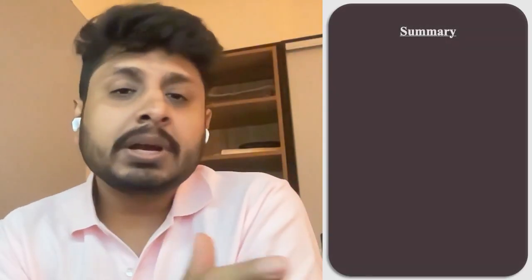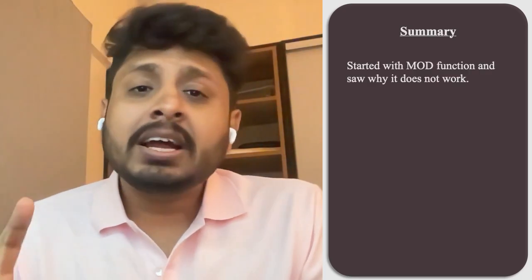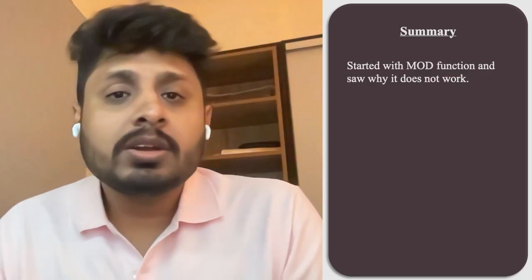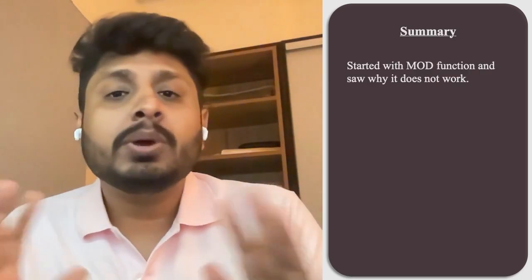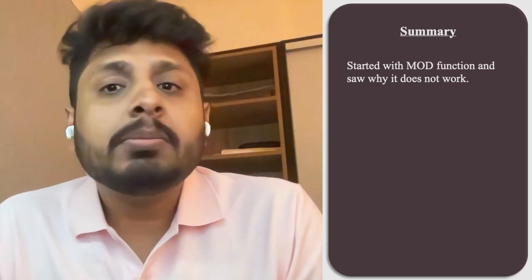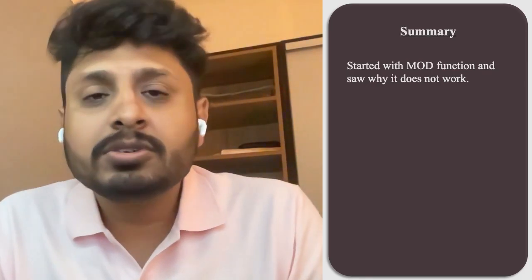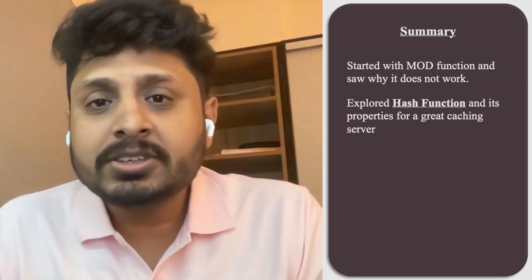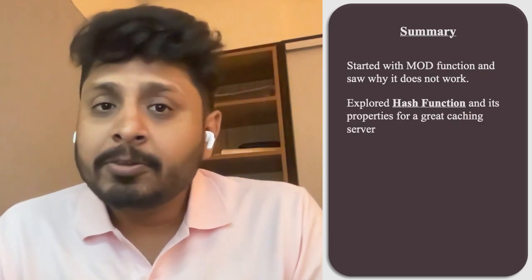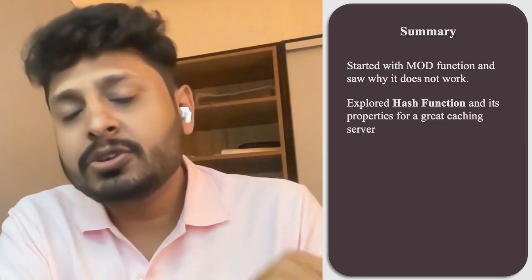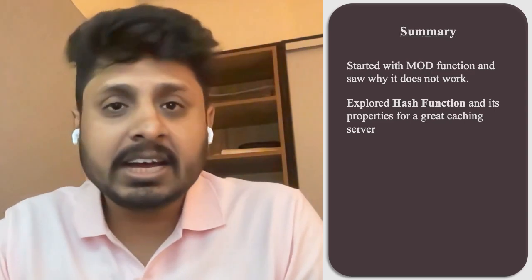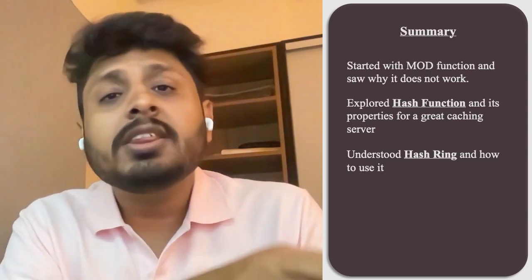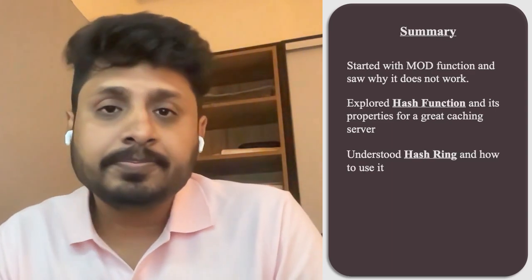Now, before your brain goes into full hash overload, let's do a quick recap. So I started with a classic modulus function and felt very smart until I broke the server by adding a new server, right? Then we learned about the hash function, right? With hash functions in place, we used the hash functions with the hash ring to turn the chaos into order.